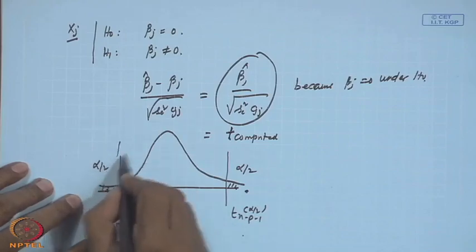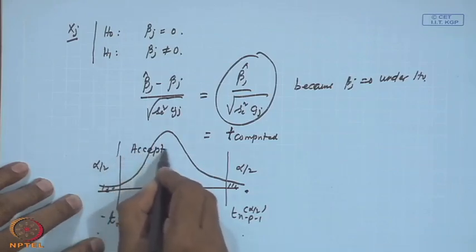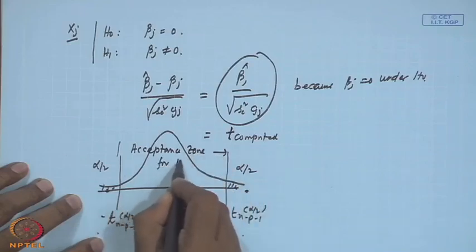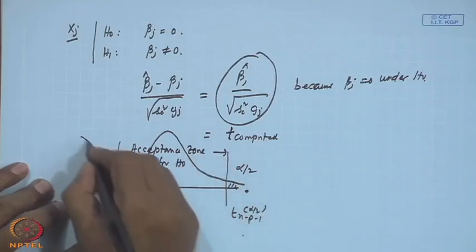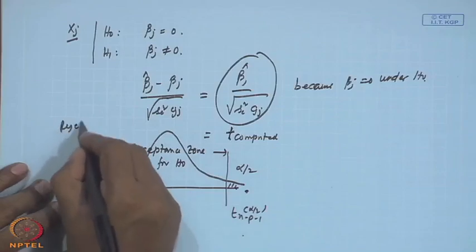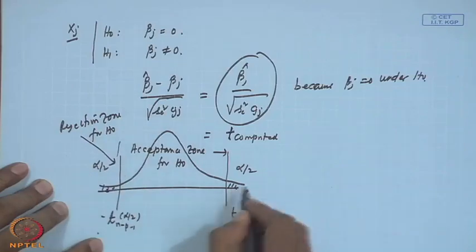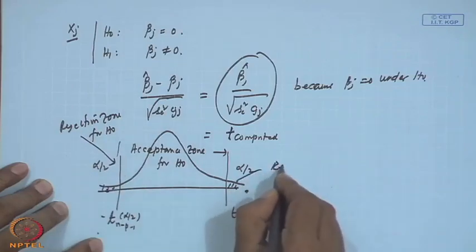So, this is our acceptance zone for H0, and this side is the rejection zone for H0, and this is also a rejection zone.